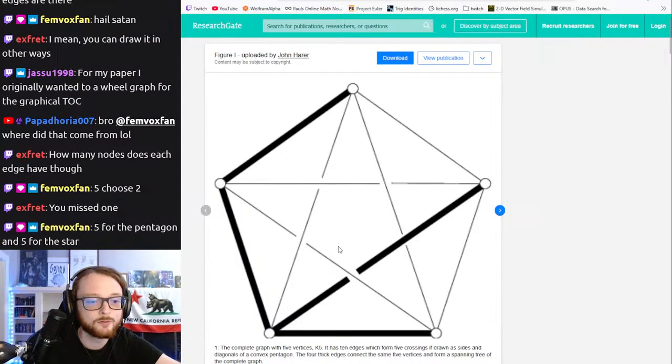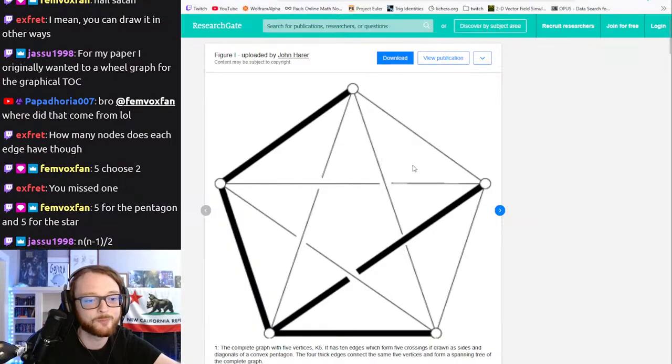I missed one. 1, 2, 3, 4, 5. Oh, I missed that one. Okay, so 10. 5 for the pentagon, 5 for the star. That's a better way of thinking about it.